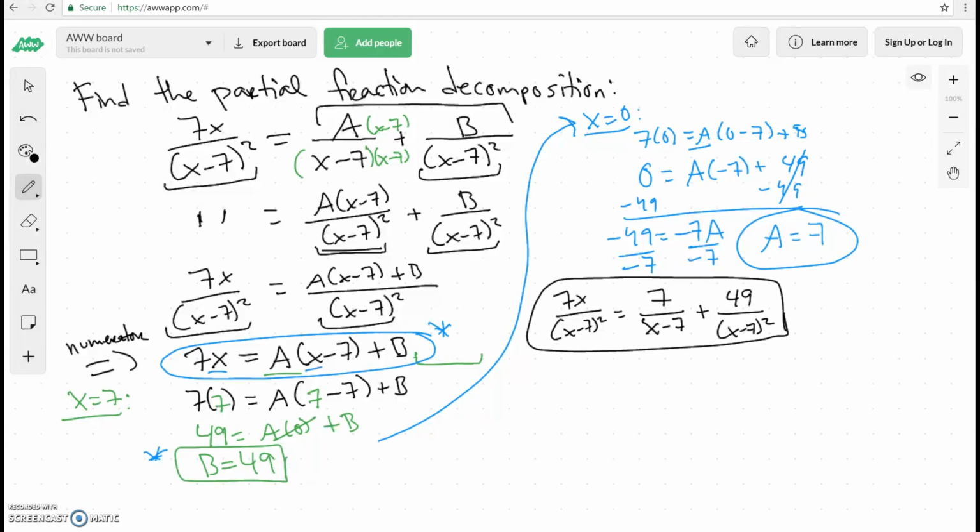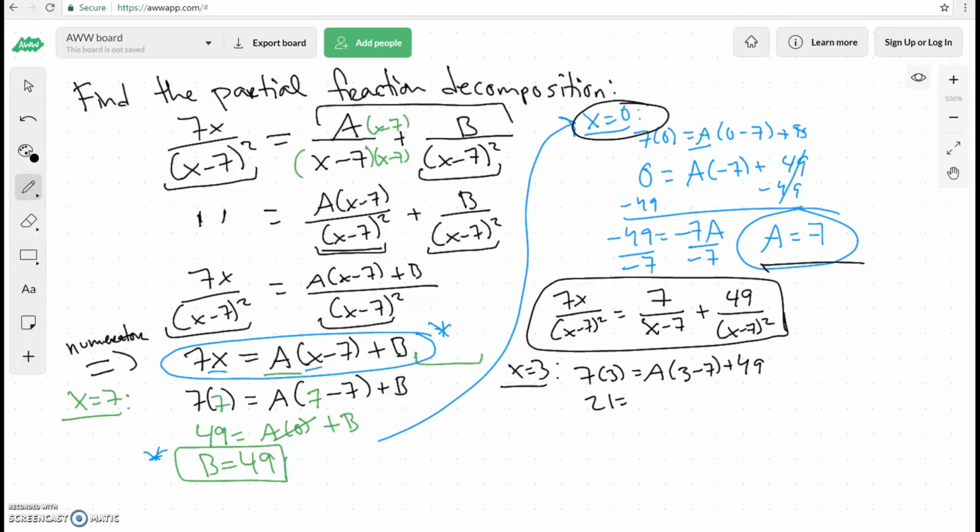Now let's go back a little bit. With x equals 0, could I have plugged in something else and still gotten the same answer? Of course. Let's say I wanted to plug in x equals 3, another random number. You're going to have 7 times 3 equals A times 3 minus 7 plus B, which is 49.